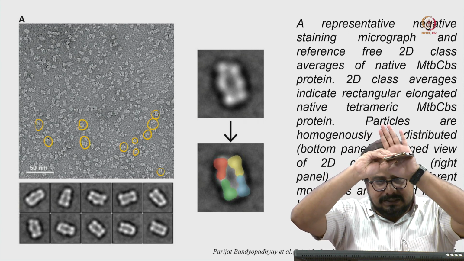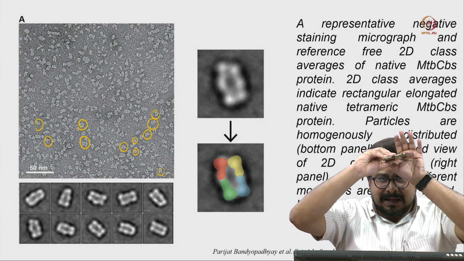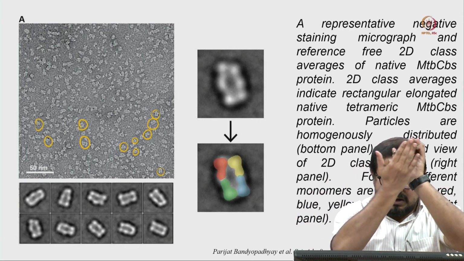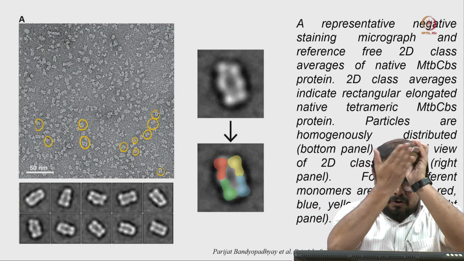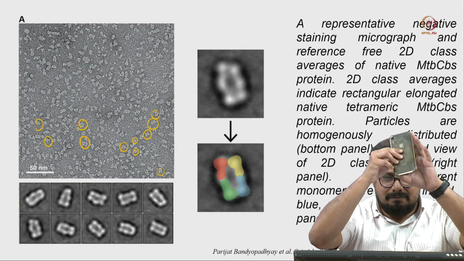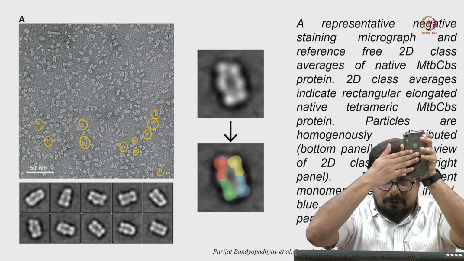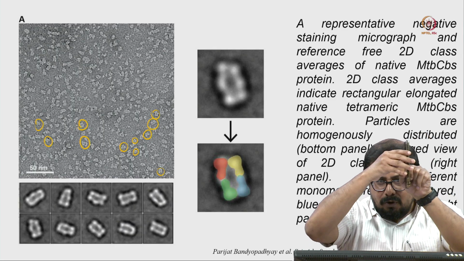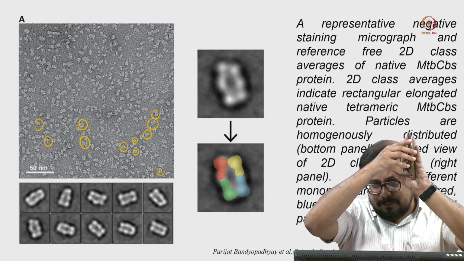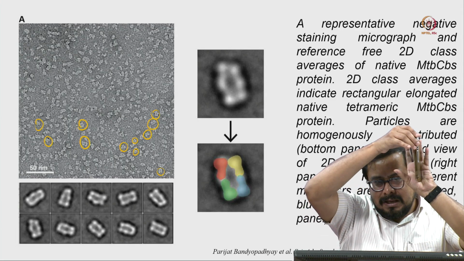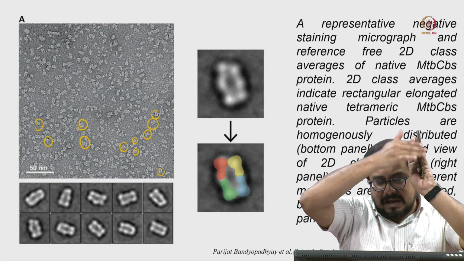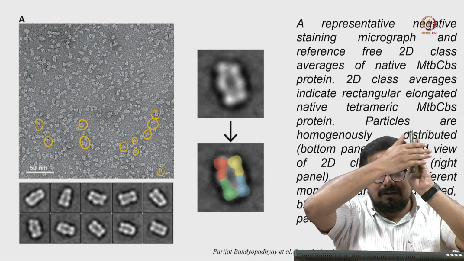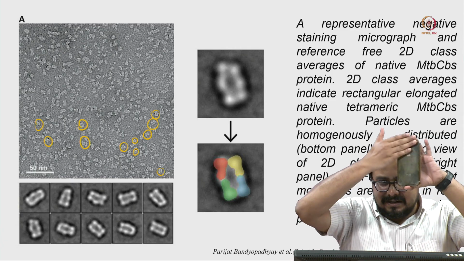But when the protein stays like that, you will see only this particular view, which is basically thinner than this view. Or if your protein is just attached to the carbon layer like this, you see only one part of it. You cannot see the whole thick flat face.